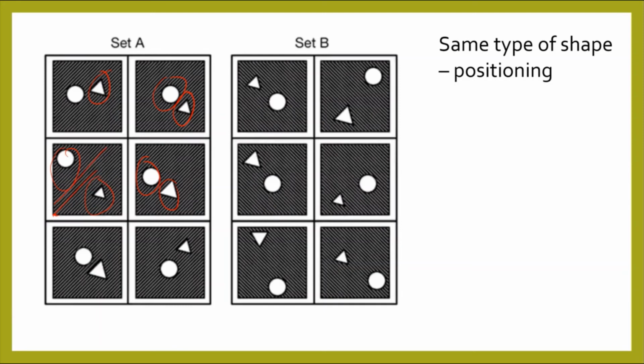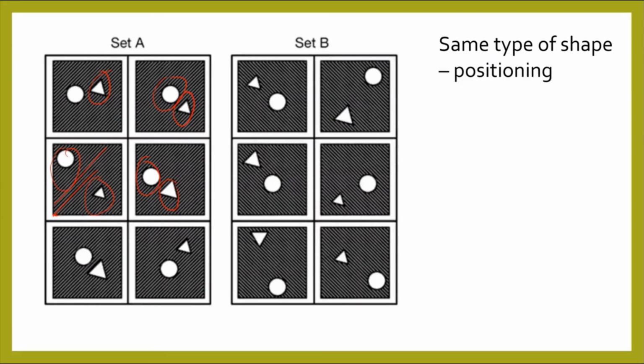But when we look at set B, well, the triangle will obviously be to the left of the circle, but the lines are going from the left to the right diagonally, top to bottom, instead of bottom to top, which was in set A. So make sure that even if you have looked at and found a rule, you keep looking to see if there's anything else.